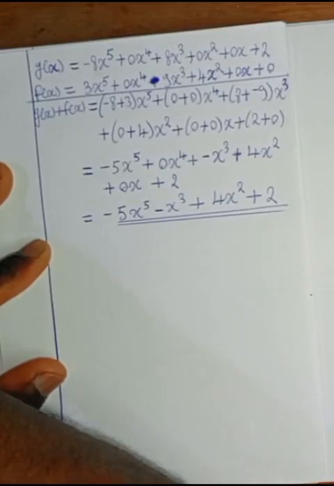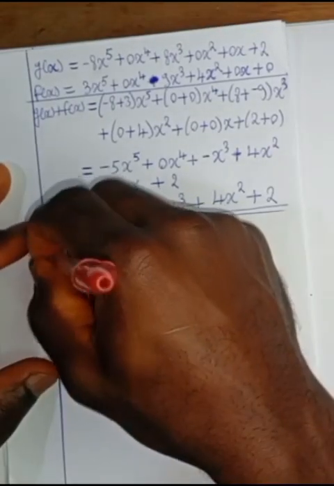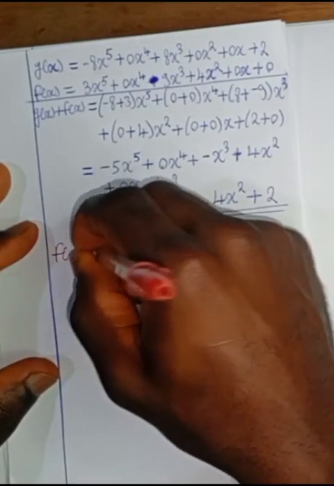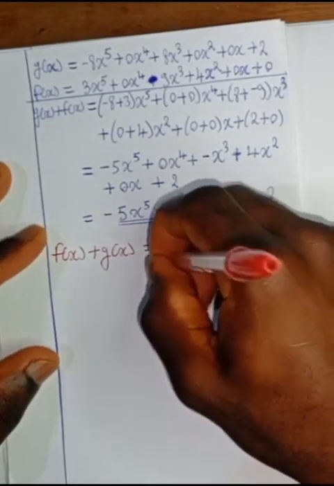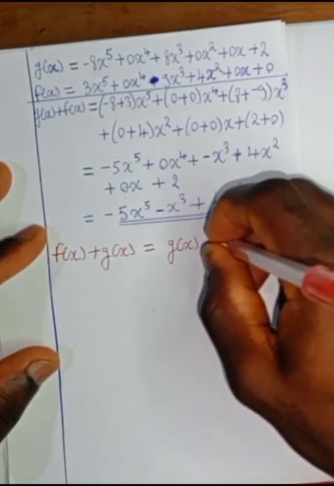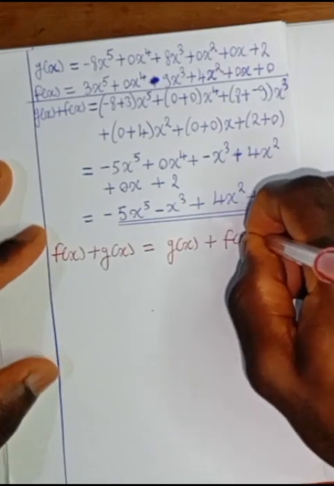You'll notice that f of x plus g of x is the same as g of x plus f of x.